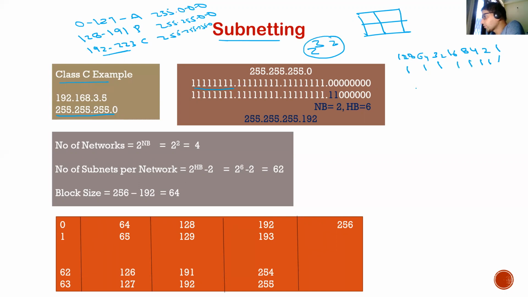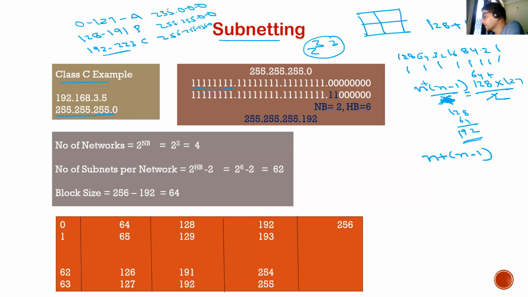When you have a series like this, the formula is n plus n minus 1.